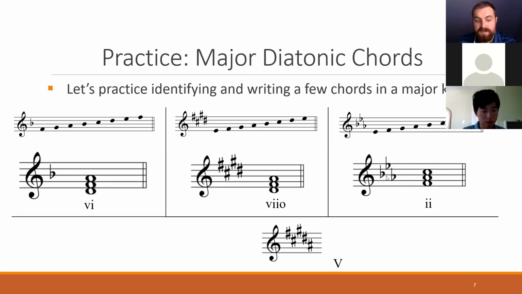If you're not comfortable with that, you can go, well, I know it starts on F. I need a minor chord. F up to A flat is a minor third. F up to C is a perfect 5th. That's a minor chord. Either way, doesn't really matter. We have E flat major, 1, 2. There's F. So any questions on that?